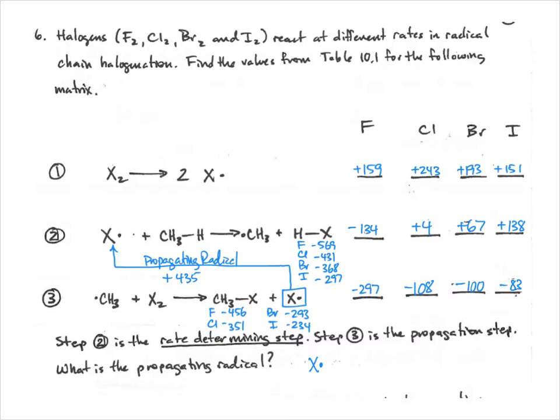Before we move on to the next question, where we'll look at what these numbers mean, let me explain this process again. We're taking methane and comparing all the halogens, which is why I'm writing X2.